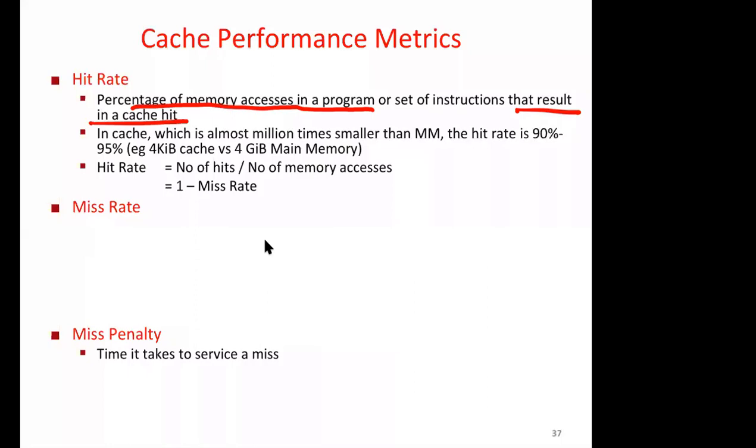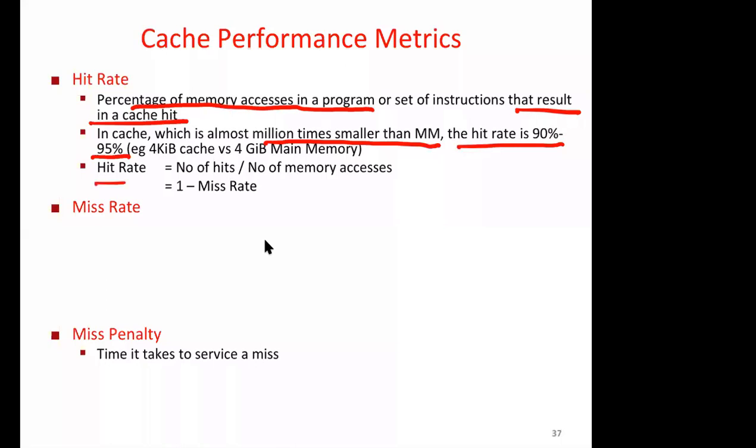Note that the cache is almost a million times smaller than main memory, and you can access any location in the address space, but yet the hit ratio is 90 to 95% plus.